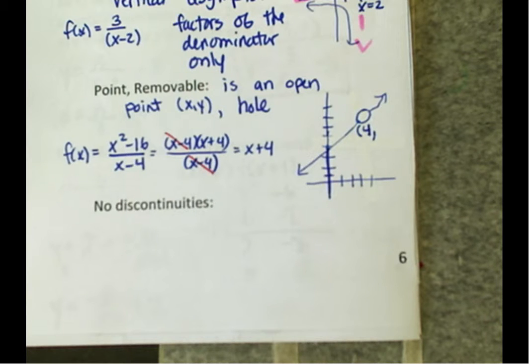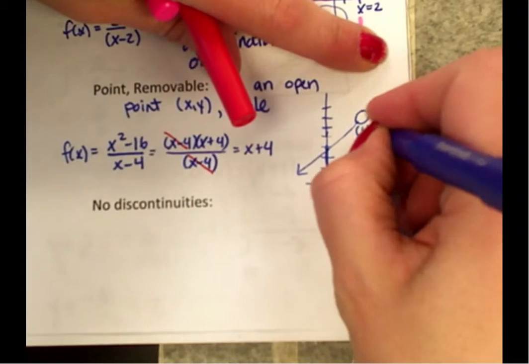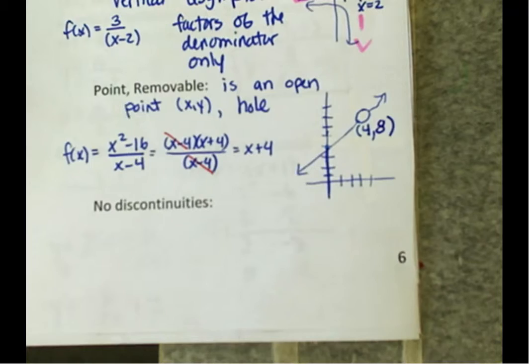Plug in 4 to what's left: 8. So it would be at 4, 8. So where does this hole come from? It comes from the common factor of the numerator and the denominator, because it crosses out.